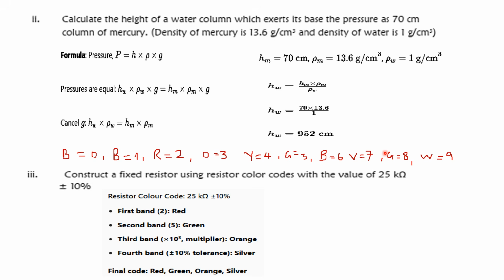And then we have additional colors such as gold and silver. This is the basis for calculating color codes.